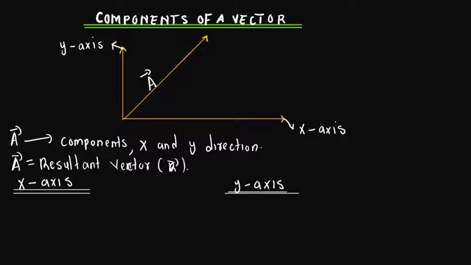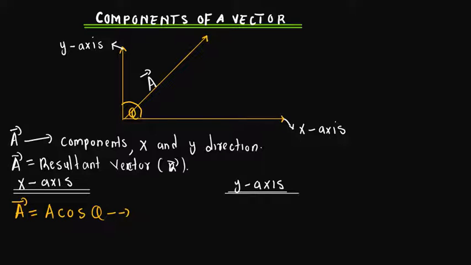Okay, so in the x-axis, vector component A is going to equal A cosine the angle theta, where that angle is simply this angle here. That's the angle theta.